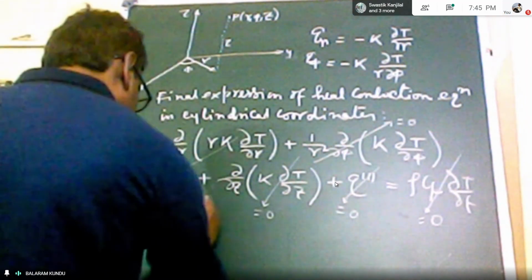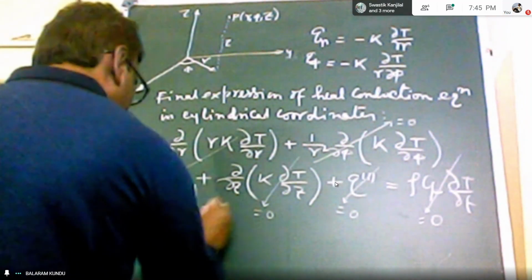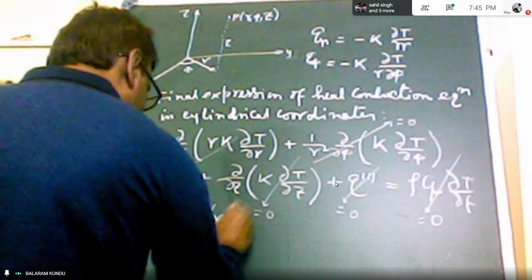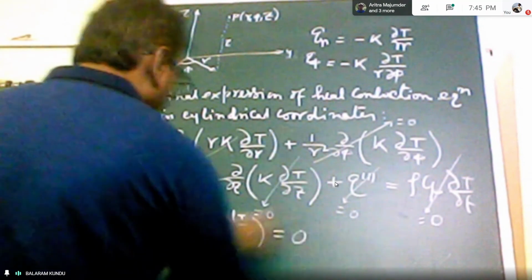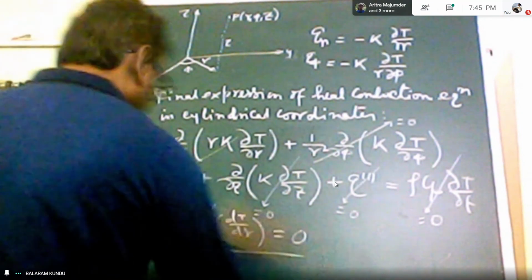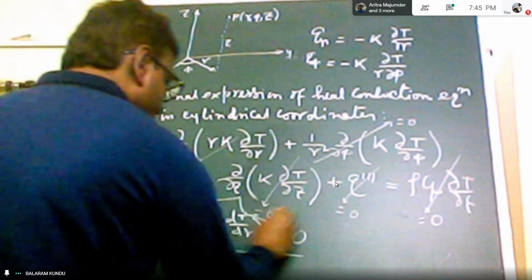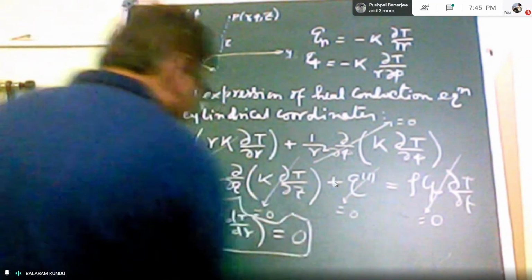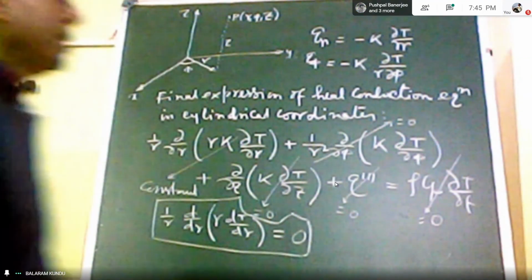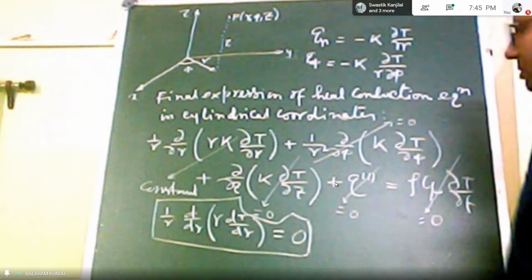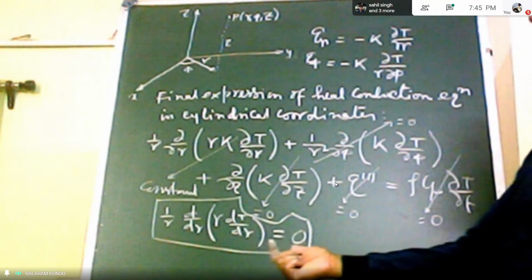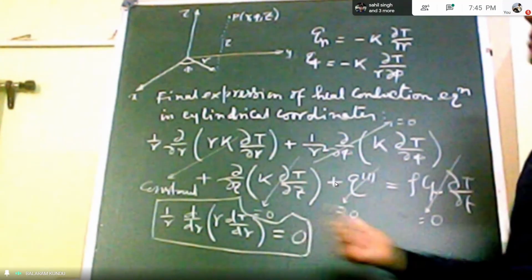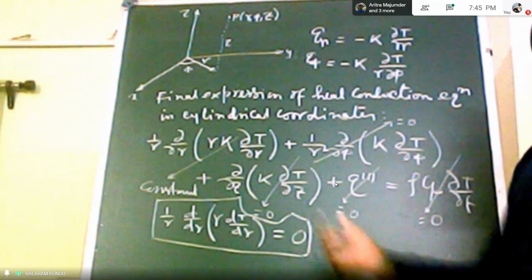So d by dr of r into dT by dr should be equal to 0. This is your final expression: 1 by r d by dr of r dT by dr. Now if we solve this, we will get the temperature, and we can calculate the heat transfer rate.